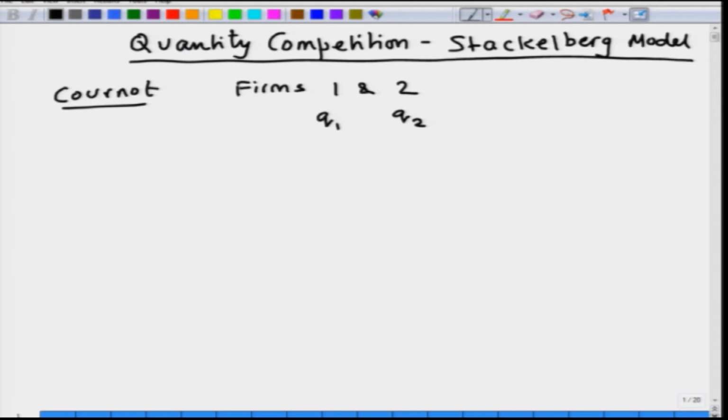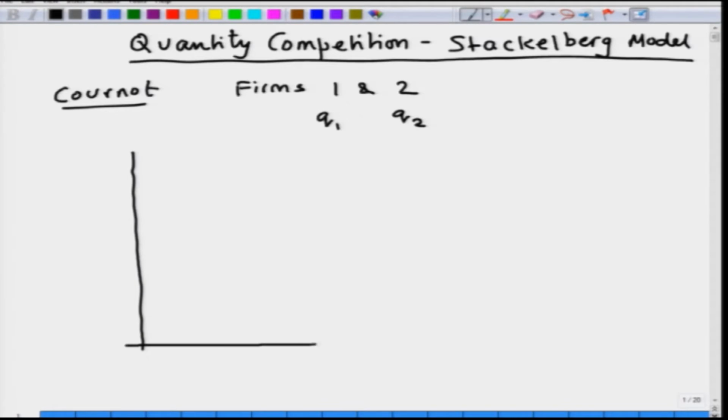So, we were asking what is firm 1's best response to every possible choice of Q2 chosen by firm 2. Then we asked what is firm 2's best response for every possible Q1 chosen by firm 1. We had drawn the two best response functions and we figured out what the Nash equilibrium was.